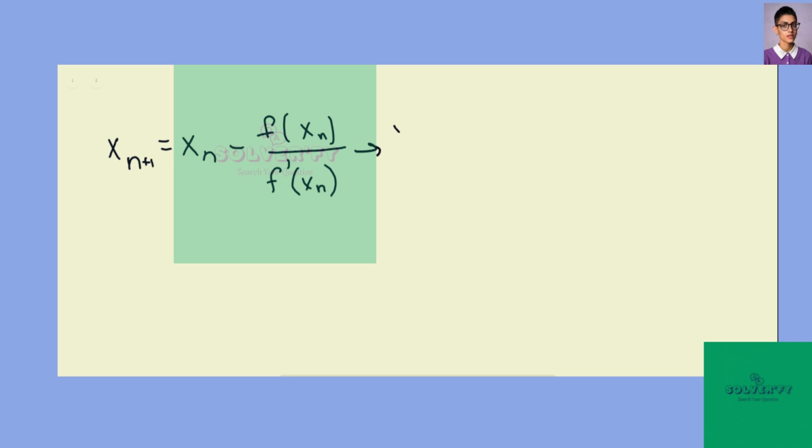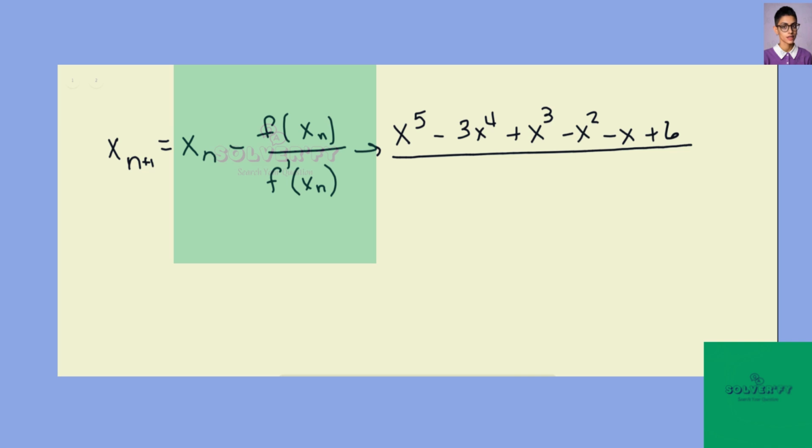So I have my big x to the fifth minus 3x to the fourth plus x cubed minus x squared minus x plus 6, over the derivative, 5x to the fourth minus 12x cubed plus 3x squared minus 2x minus 1.